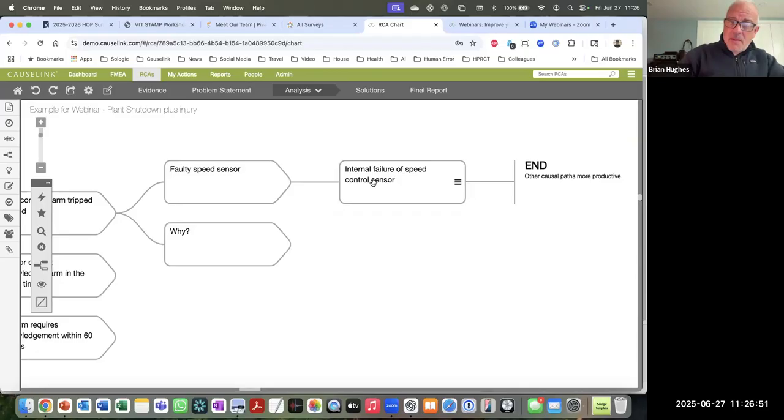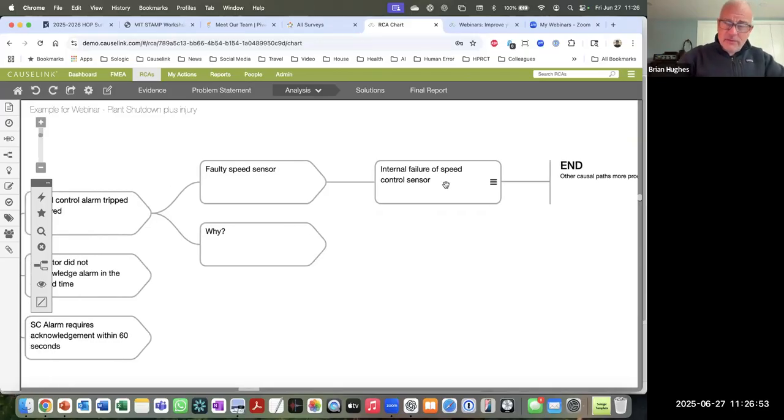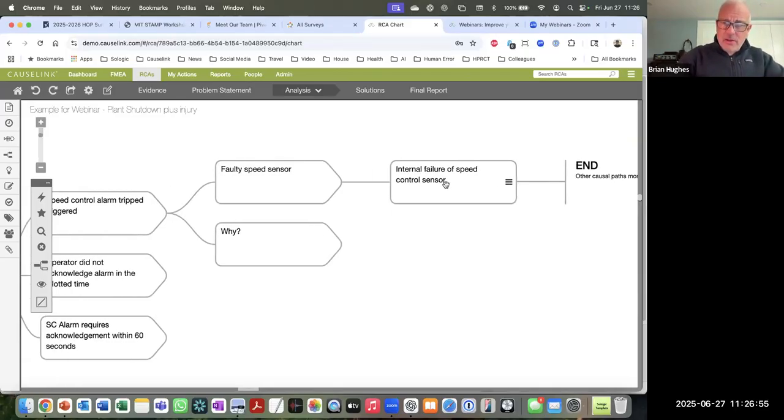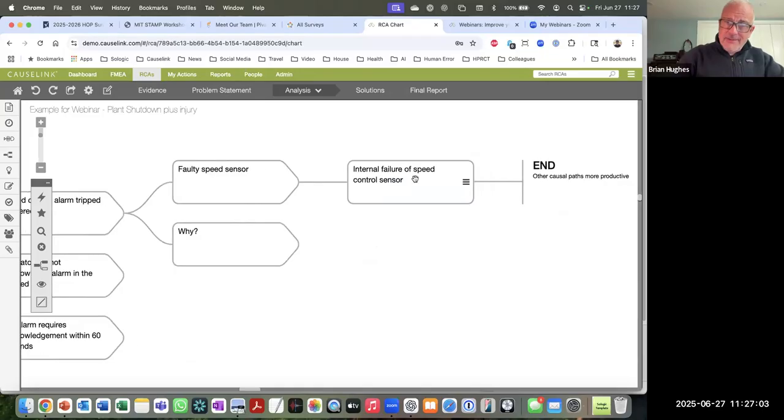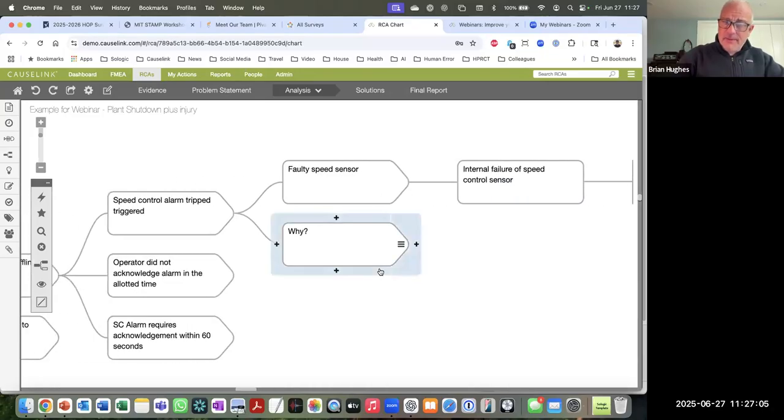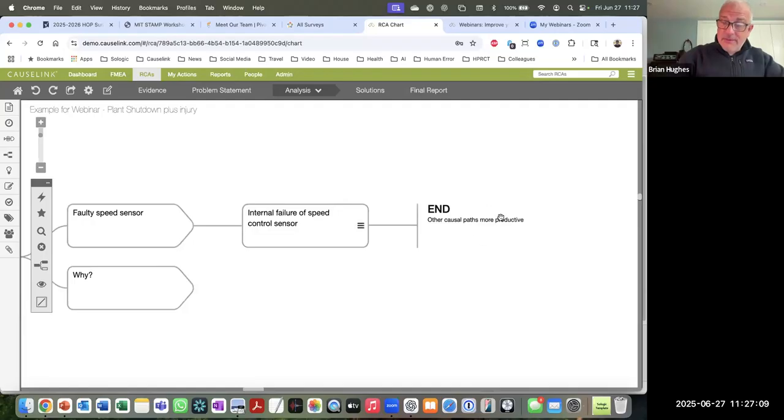If I've got a problem with a batch of these speed control sensors or some kind of a recall or something like that, I'm probably not going to be able to go much further unless I bring in some outside resources or something else, to dig into that a little bit more. And we can decide if we need to do that, or we can leave it alone.